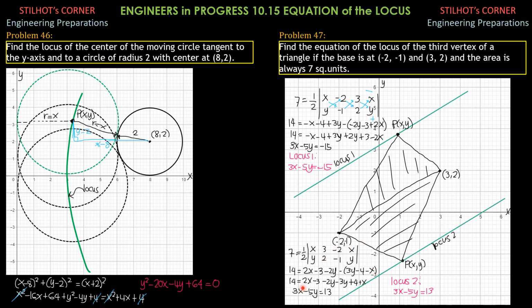Expanding and simplifying, 14 equals 2x minus 3 minus 2y, then negative 3y plus 4 plus x. Combining like terms, 2x plus x is 3x, negative 2y minus 3y is negative 5y, and 14 plus 3 is 17, 17 minus 4 is 13. So the second locus is 3x minus 5y equals 13.